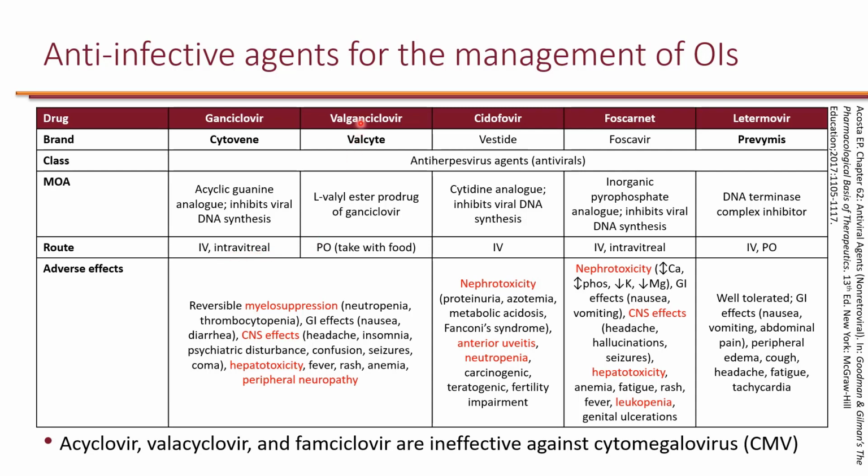Now, valganciclovir is basically a prodrug of ganciclovir, and this addition of a valine group improves oral bioavailability. So it is available as PO, and it must be taken with food to increase absorption. And once it's absorbed, it's basically converted to ganciclovir. So the mechanism of action is identical, as well as the adverse effects.